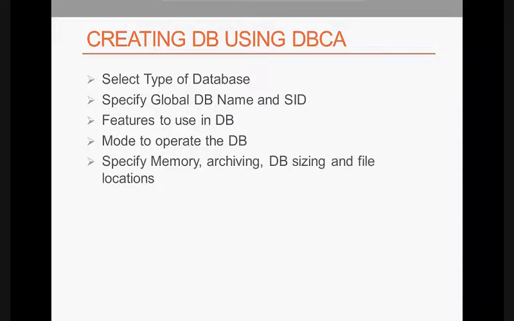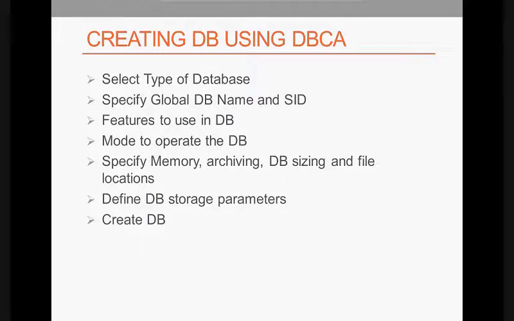After that, the values of parameters like file location, archiving location, data block size, etc. In general, we use smaller block size with OLTP and larger block size with the data warehousing environment. Then the various storage clauses for our tablespaces, control files, undo segments, and redo log groups. After defining all these, with just one click on the Create Database button shown on the DBCA window, our database will be created.